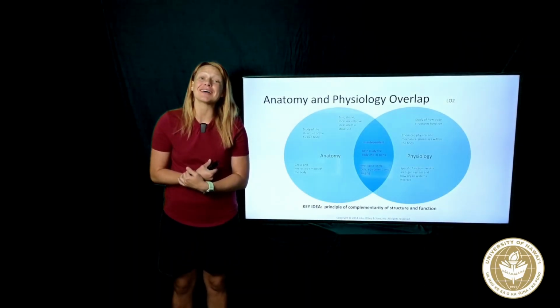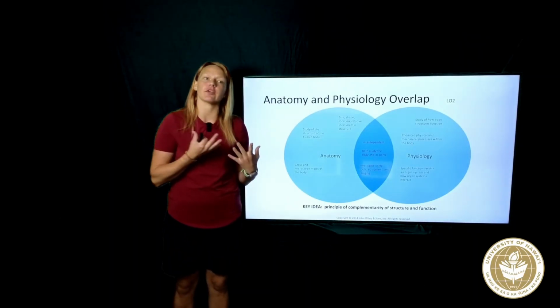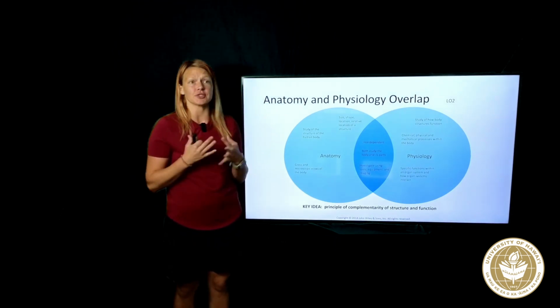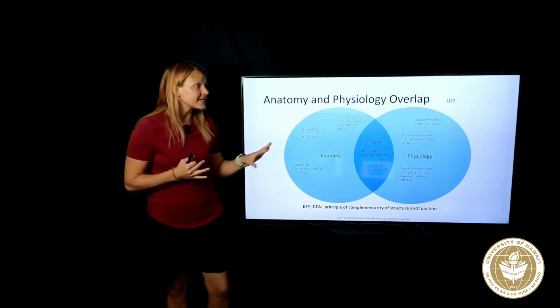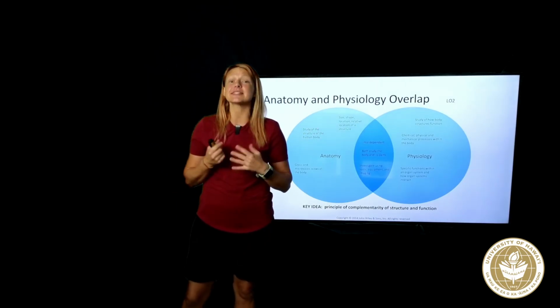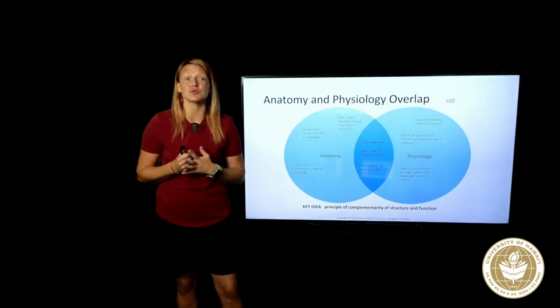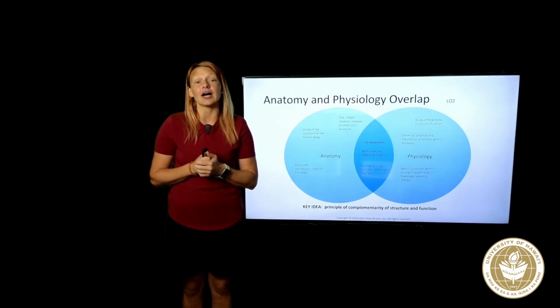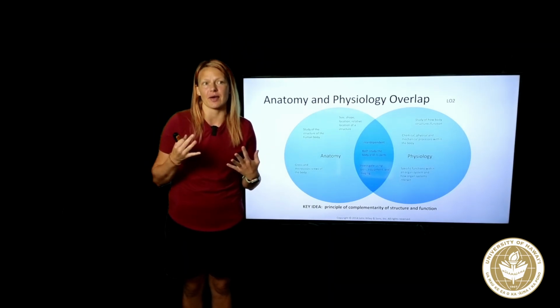Now that we have defined anatomy and we've defined physiology, I want to take a look at the overlap between the two. And a Venn diagram, which is what you see here, is a great way to connect two different things and to see what they have in common and also to see what is different about them.